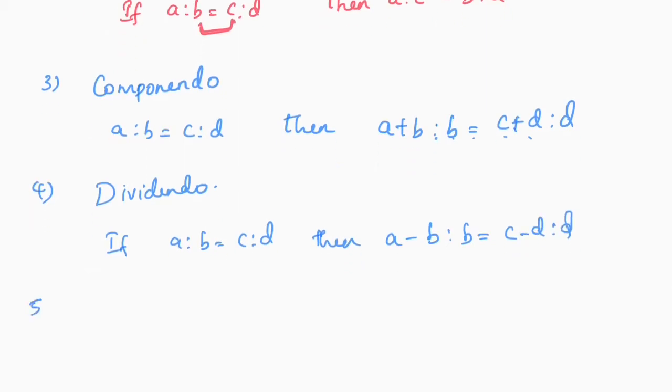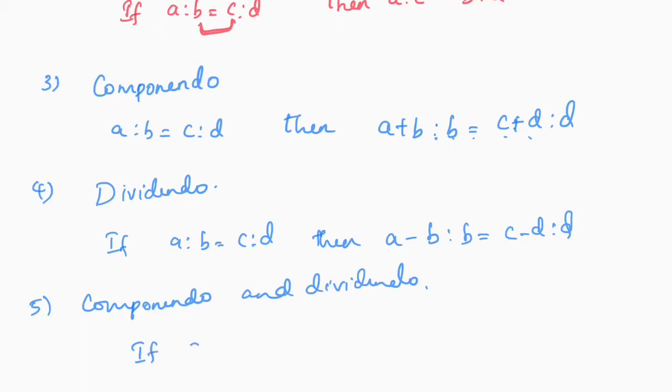Now coming to the fifth one. What is the fifth property? It is componendo and dividendo. This is a combination of the third and fourth properties.